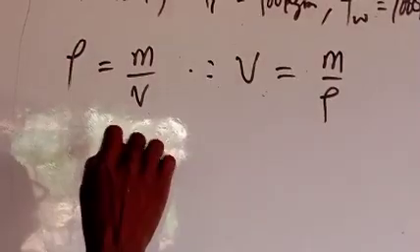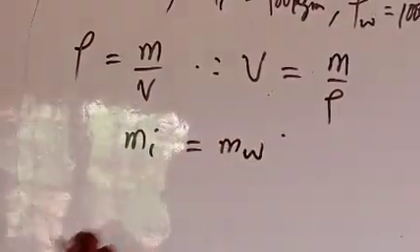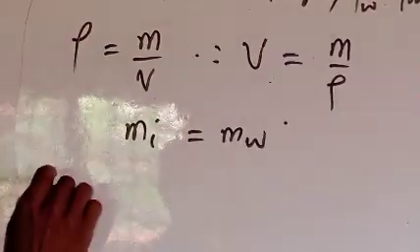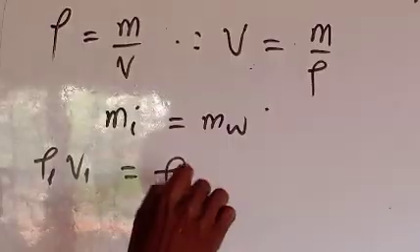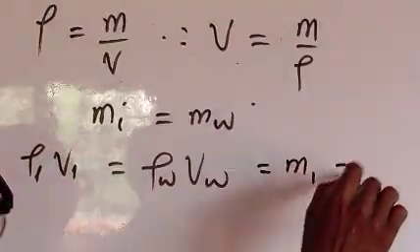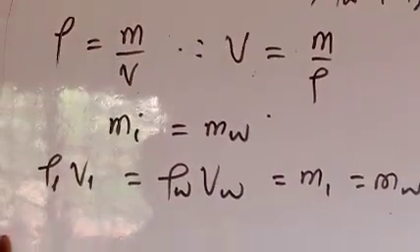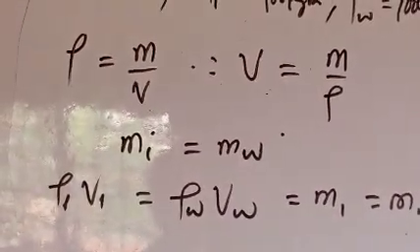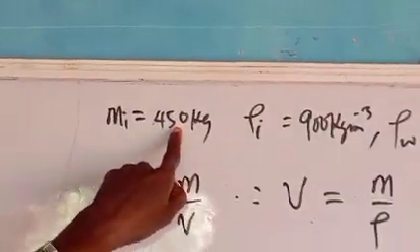So I can say that the density of ice times the volume of ice, and the density of water times the volume of water, are equal, since the mass of ice equals the mass of water. The mass of water is still the same 450 kg as the mass of ice.